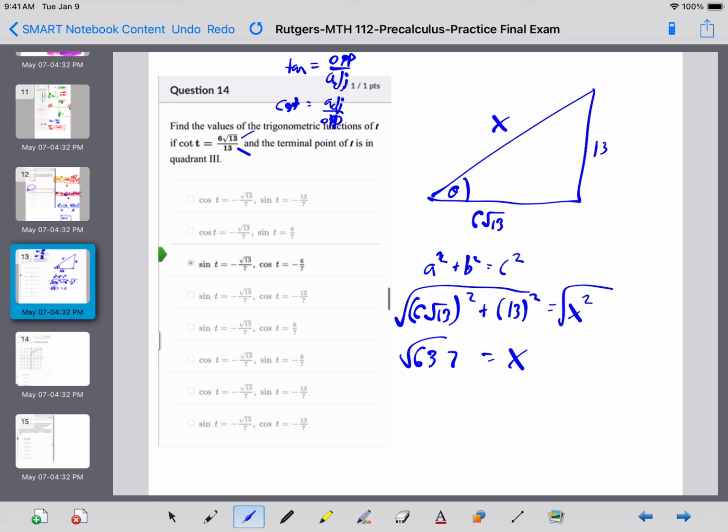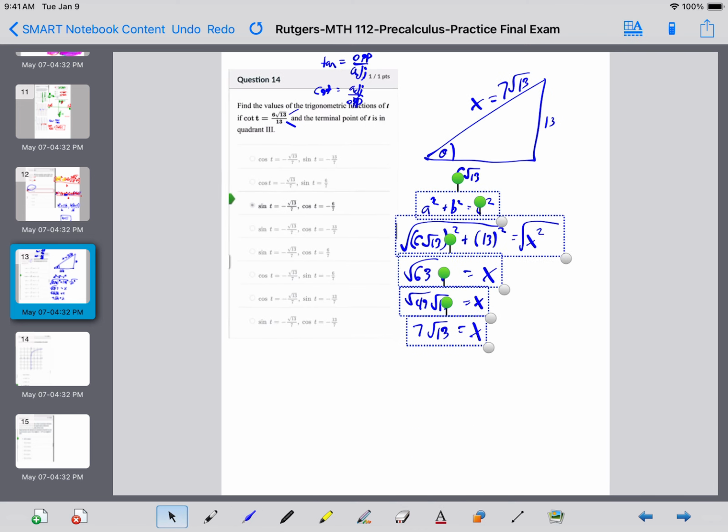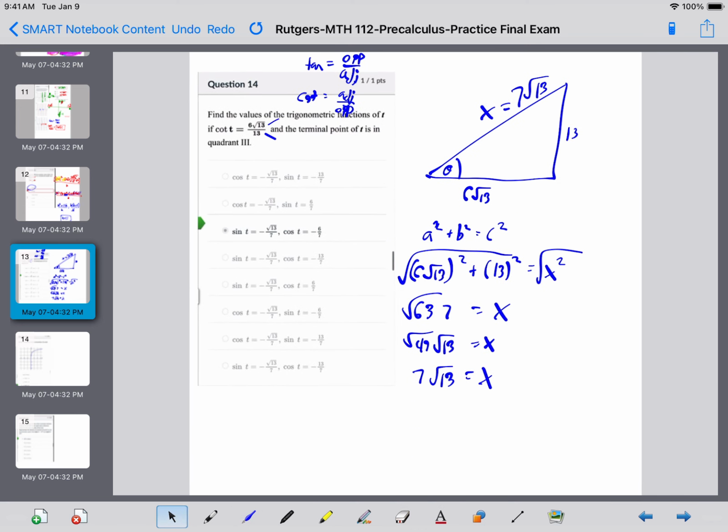I could check if there's a factor that's a perfect square in there. 7 and 91 are factors. 49 and 13. So 49, 13, and then we have 7 radical 13. So if we're trying to find sine, you're going to do opposite over hypotenuse.